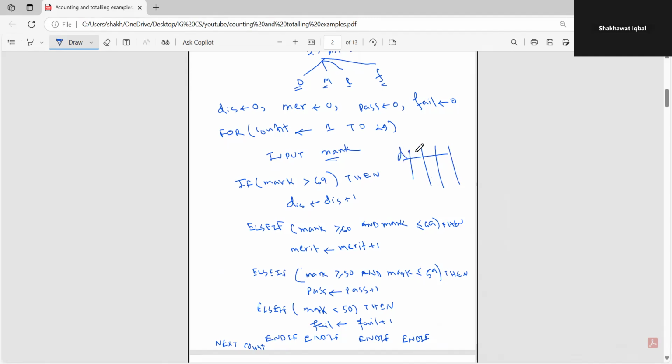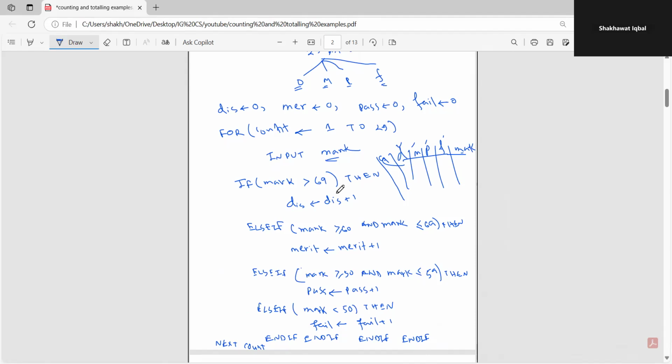So distinction, merit, pass, fail, count, and here is our mark. Based on the mark, I will decide whether he is distinction or not, or merit, or pass or fail. If any of the category the mark falls in, the value of that variable will increase by 1.